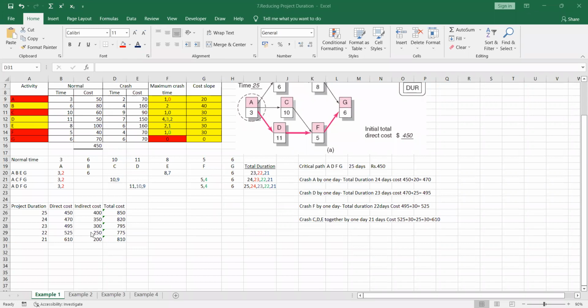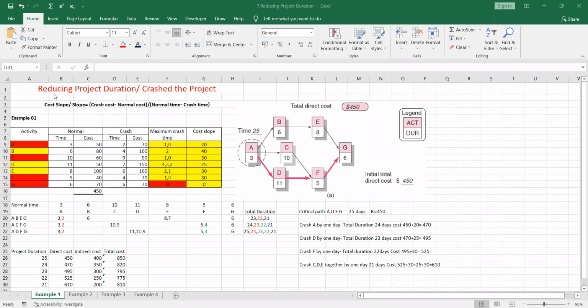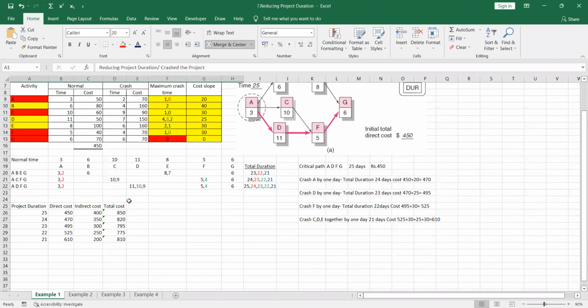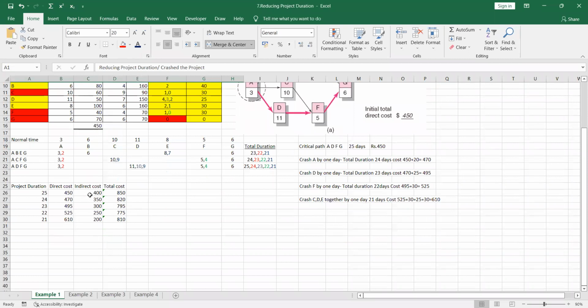I have told you this using the presentation I did on reducing project duration. If you go through that presentation again, you can see this kind of relationship.